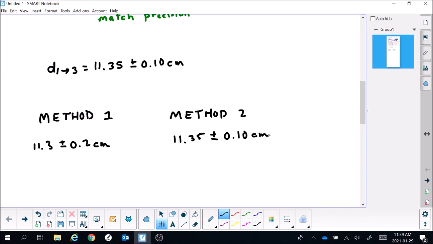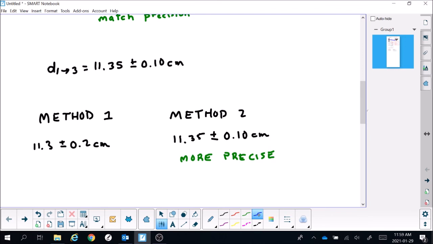You will notice that I have another digit in method 2. I have to the nearest hundredth of a centimeter because I have less uncertainty. We would say that this value is more precise. The reason is that it goes to the hundredths place instead of the tenths place. That is a more precise value.